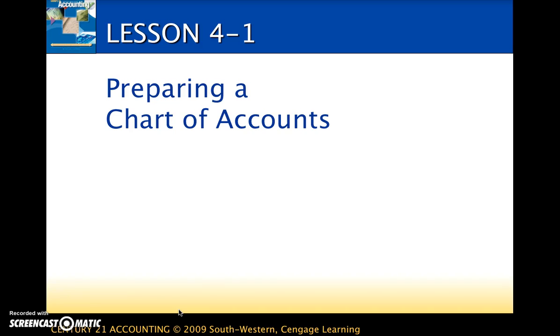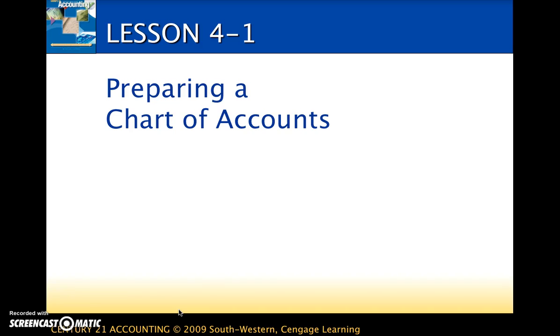So in this chapter, we start working with a chart of accounts. You've already used accounts like cash and supplies and accounts payable and accounts receivable, and you will continue to see those, but now you're going to organize them into this chart of accounts.